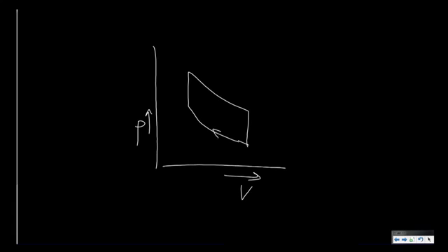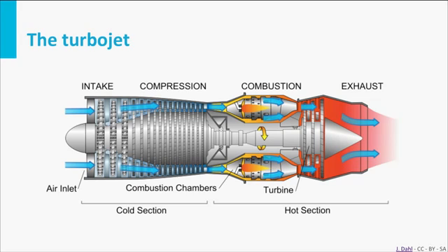So here it's compressed, and imagine that if we compress it further, you basically increase the enclosed area, and therefore you can generate more work. So adding more compression increases the efficiency of your engine, and this is what the turbojet does in comparison with the ramjet.